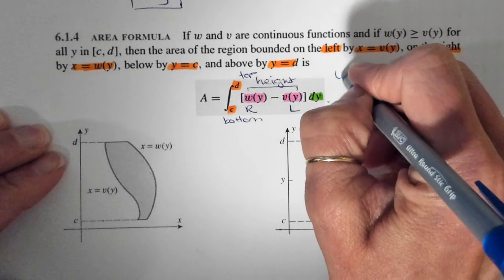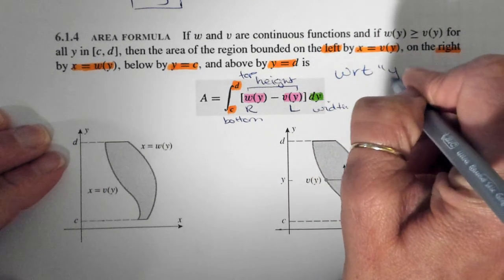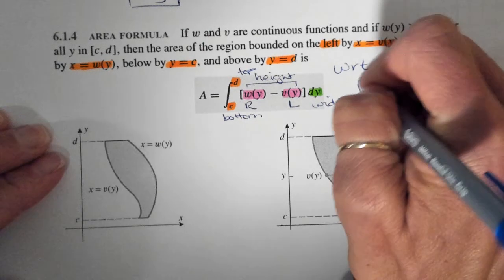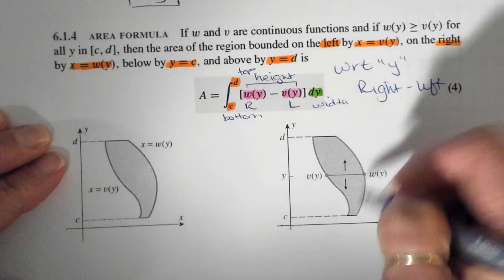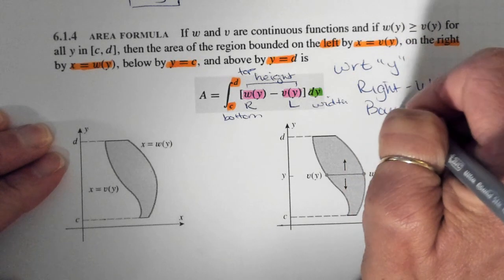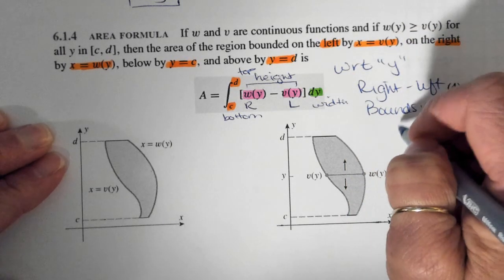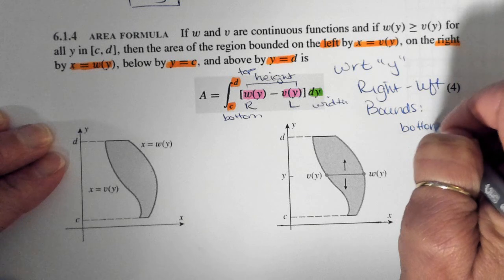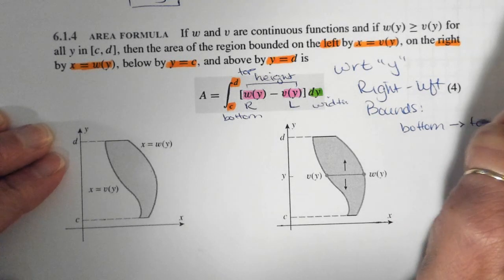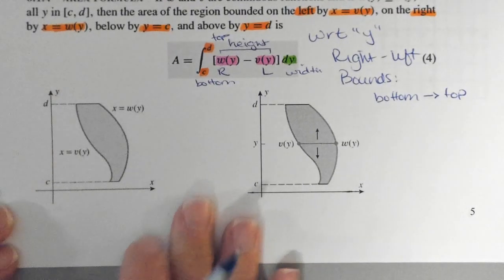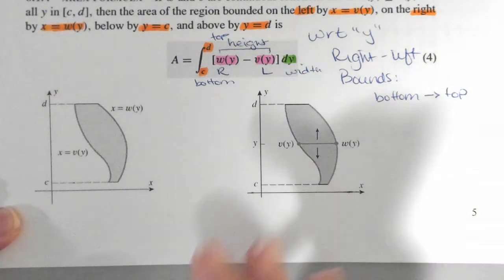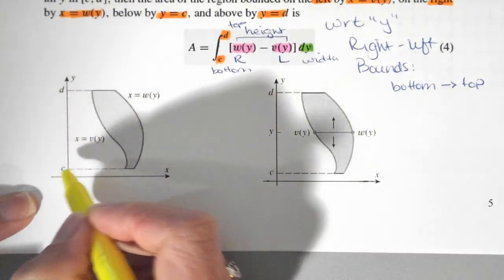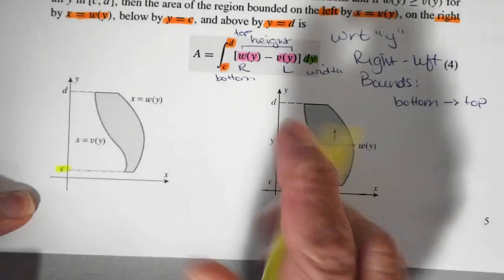So when you're dealing with respect to y, the pattern is right function minus left function, and your bounds are going to be from bottom to top. All right, so this is what we had before. These are your bounds.